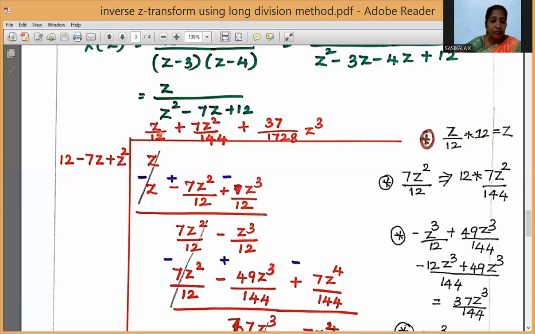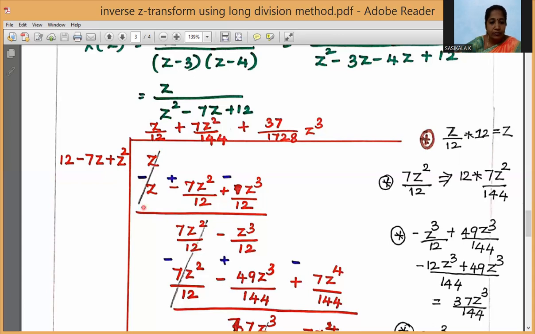So write the first quotient as z by 12 and multiply it with these three terms. First z by 12 is multiplied by 12, I'll be getting z. Again, plus into minus is minus 7 z by 12, which will become 7 z square by 12. Again, plus into plus plus, z square into z by 12 will become z cube by 12. Now change the sign here, minus, plus and minus.